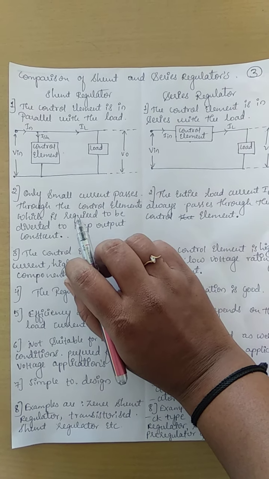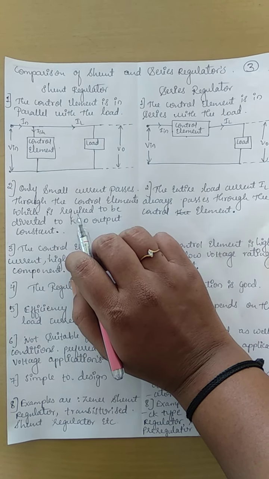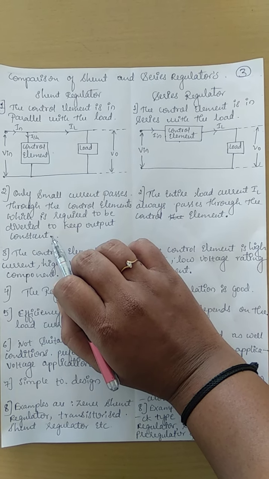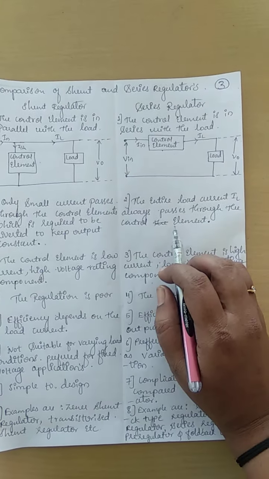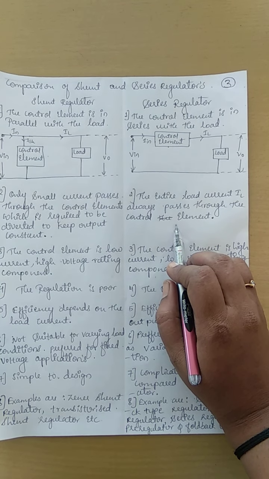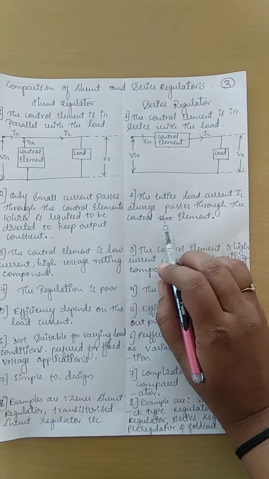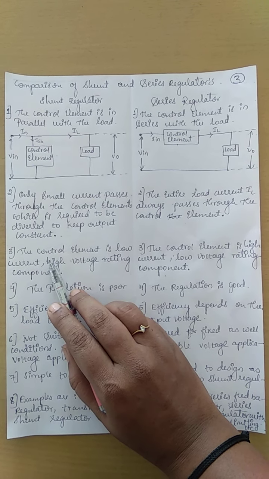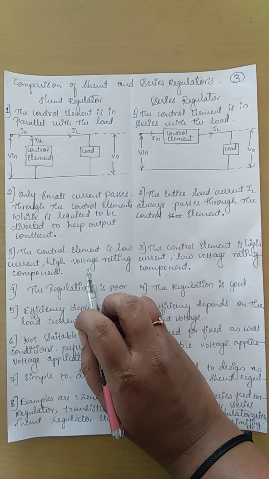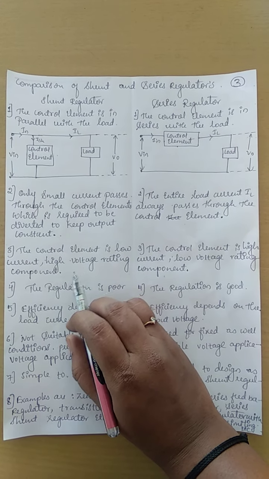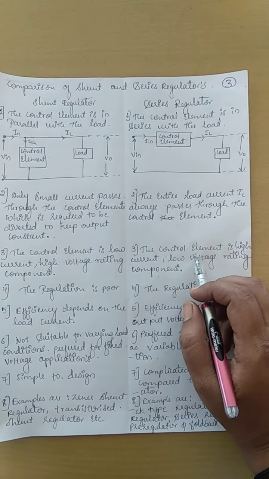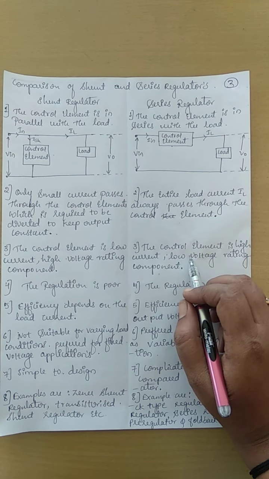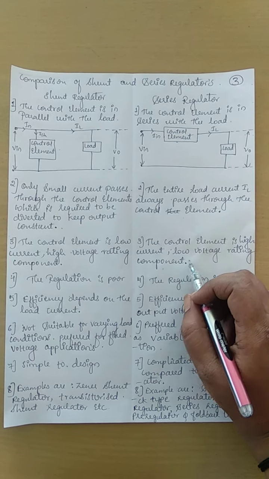In the shunt regulator, only a small current passes through the control element, which is required to be diverted to keep the output constant. In the series regulator, the entire load current IL always passes through the control element. Third, in the shunt regulator the control element uses low current, high voltage rating components, but in the series regulator the control element uses high current, low voltage rating components.